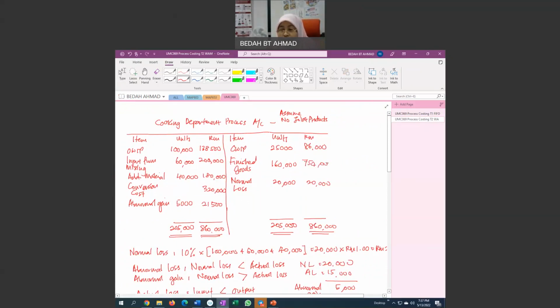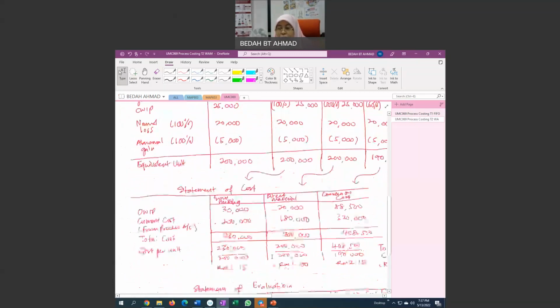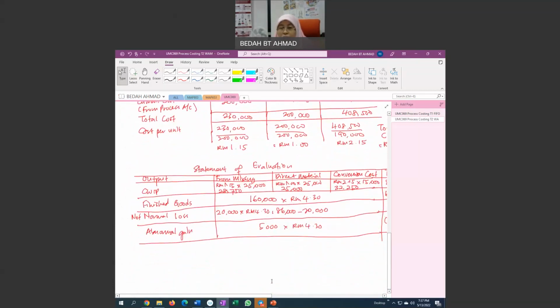So this is if we find it using the balancing figure, but we can verify this figure using our calculation here, the statement of cost, which is the value of finished goods.